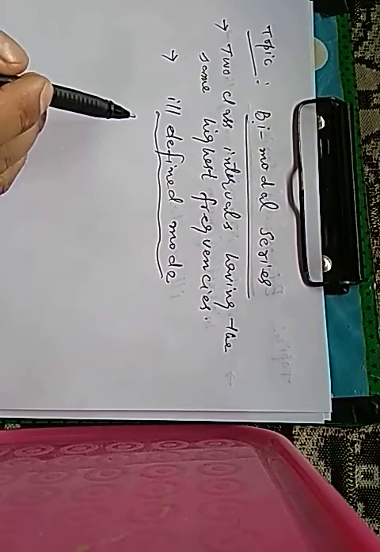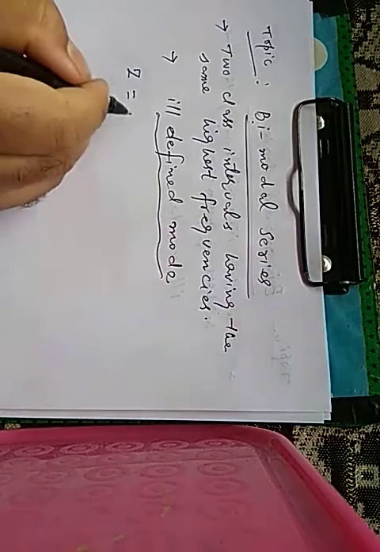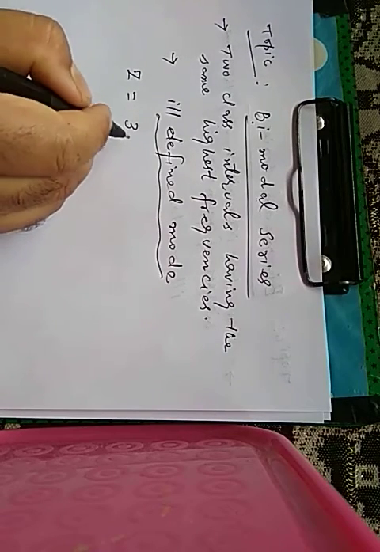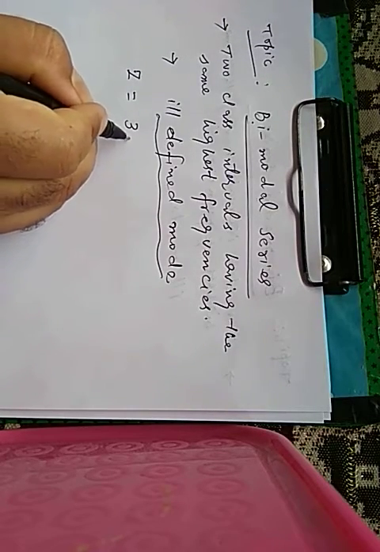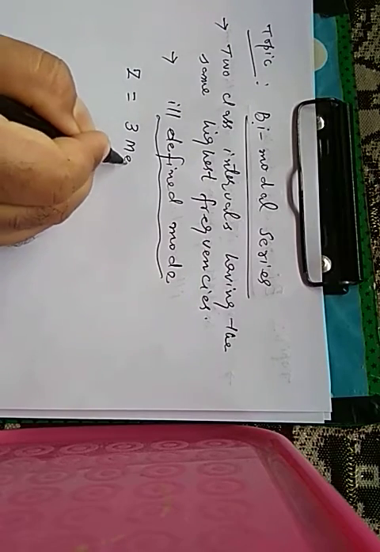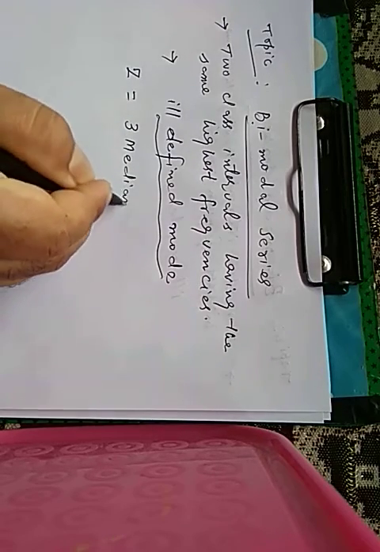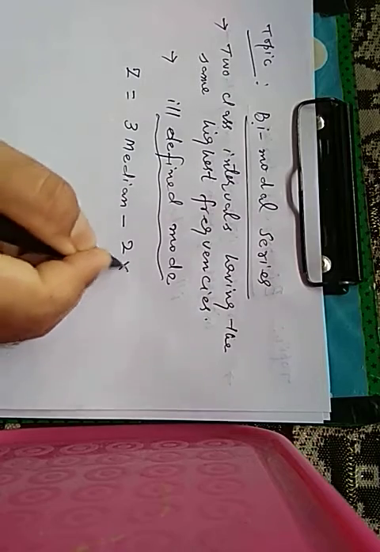If this is the case, then we have to apply the formula: mode is equal to 3 median minus 2 mean.